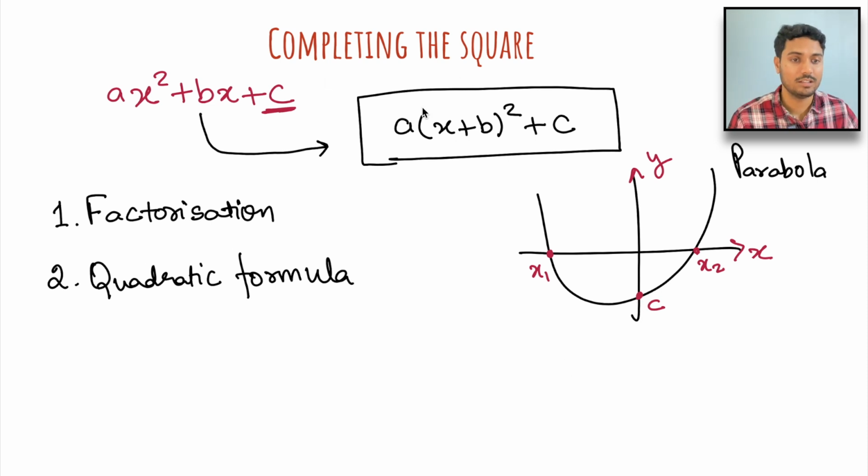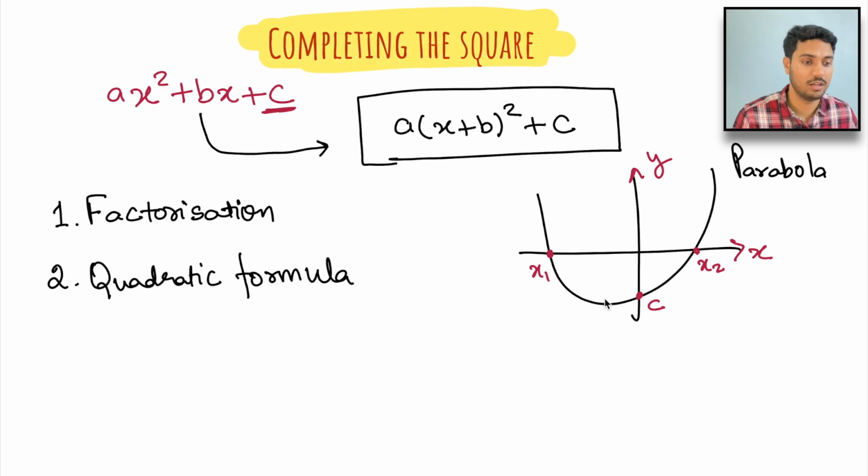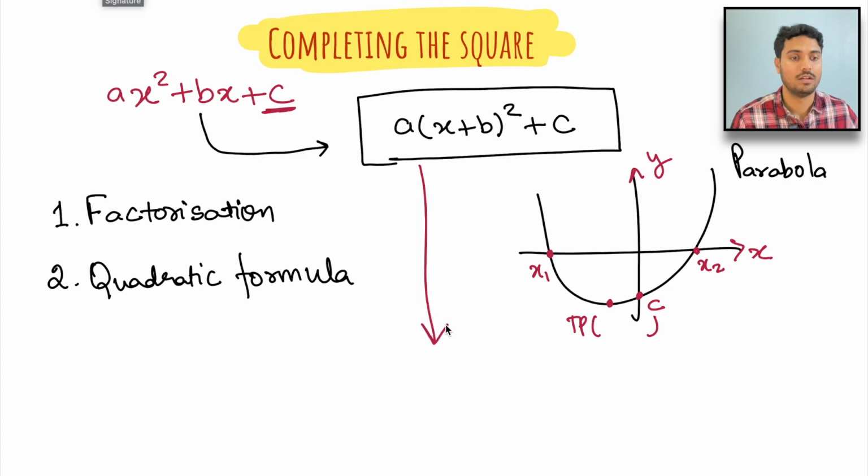But completing the square method helps you to find the turning point. This is the turning point. And how do you get that turning point after rewriting the quadratic expression into completing the square form? When you write the quadratic expression as a times x plus b the whole square plus c, minus b and c is your turning point.